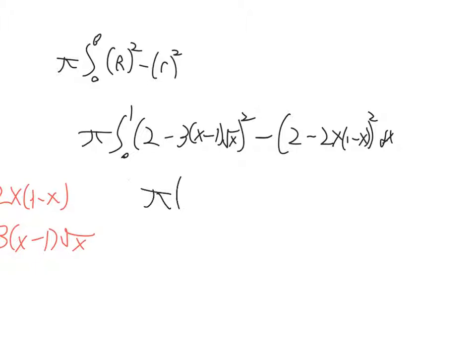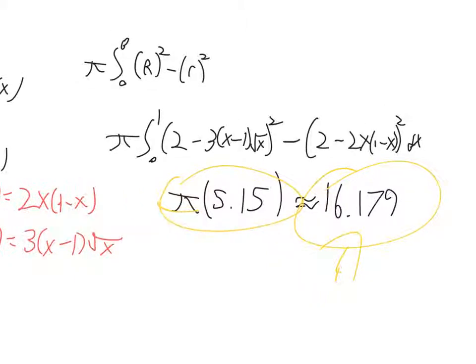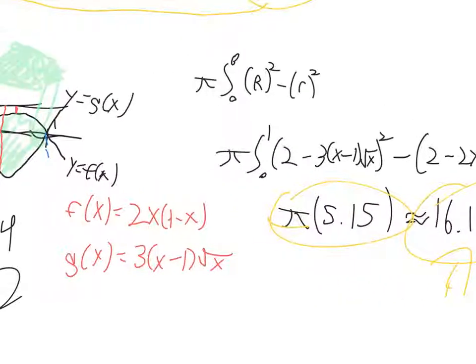But if you plug that in, you're going to get 5.15 pi. You could either write that as 5.15 pi, or you could simplify it to 16.179. These say pretty much the same thing, except this one is less accurate, but it is in decimal form. So if you want that, there it is.